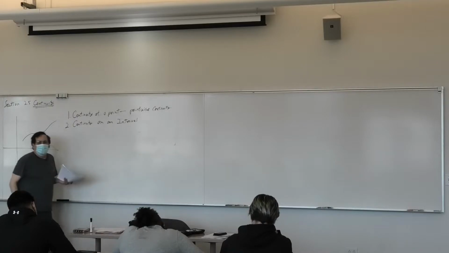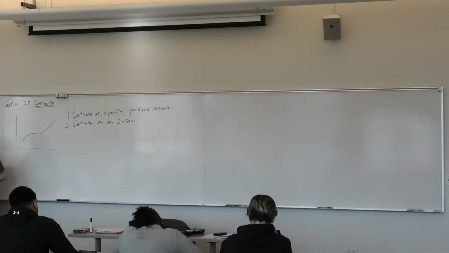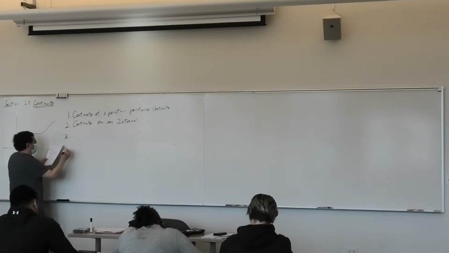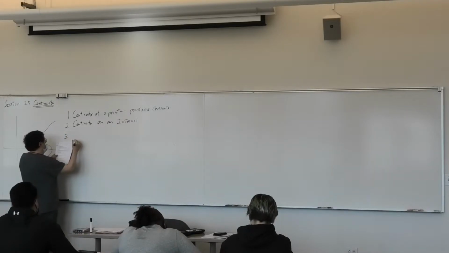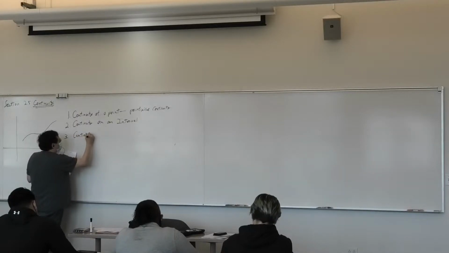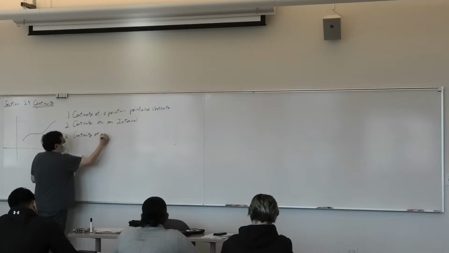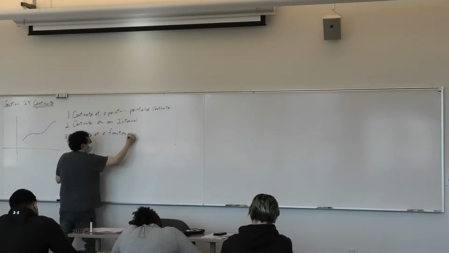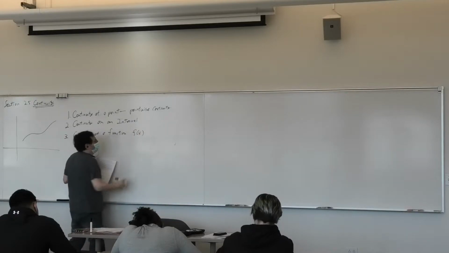So you might have a function that might not be continuous everywhere, but on a certain interval it might be continuous. And finally, we could have continuity of a function, f of x.